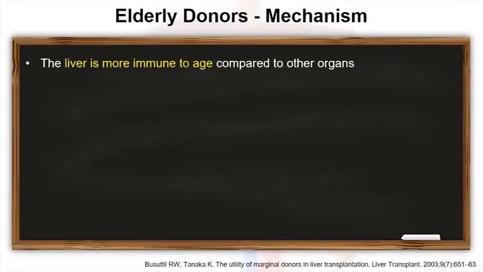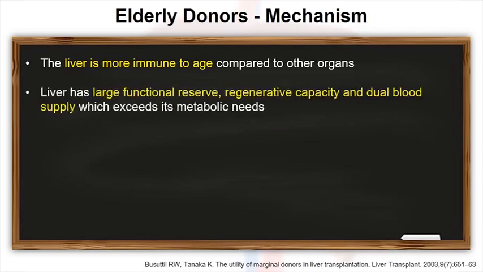So what is the mechanism by which these elderly donors are at slightly higher risk compared to younger ones? The liver is more immune to age compared to other organs, and that is the advantage we have to take here. The liver has a large functional reserve, regenerative capacity, and dual blood supply.